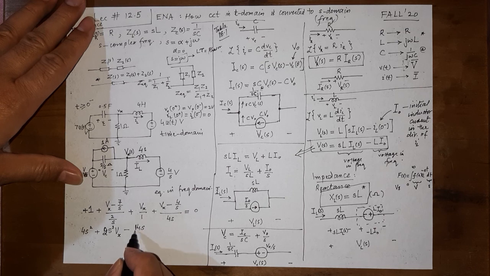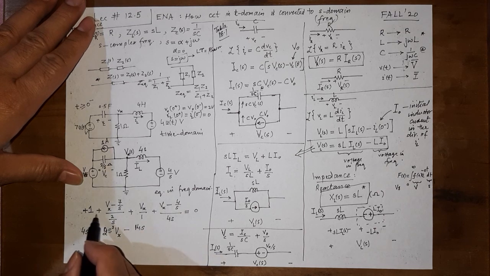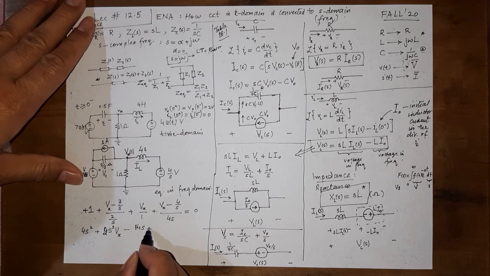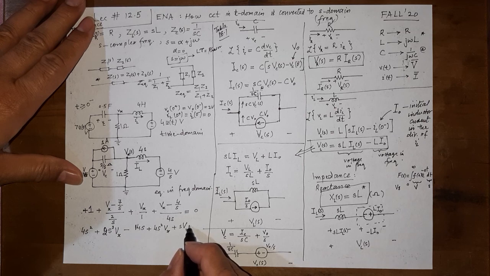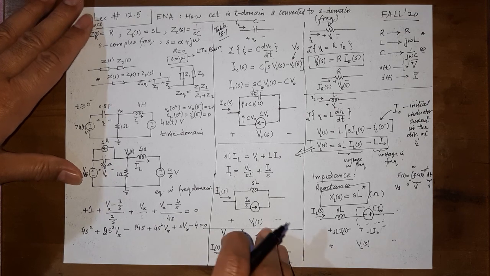Is that right? Plus 4S square Vx plus S Vx and minus 4 equal to 0.